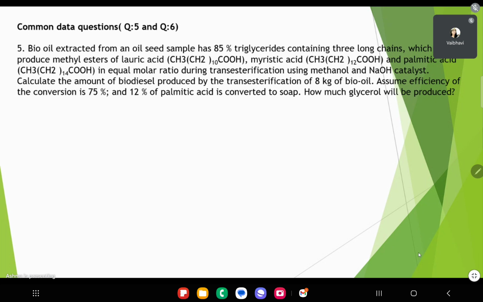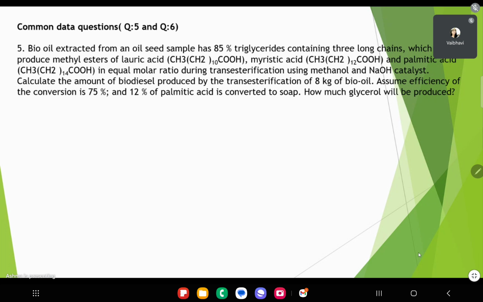Calculate the amount of biodiesel produced by transesterification of 8 kg of bio-oil. Assume efficiency of conversion is 75% and 12% of palmitic acid is converted to soap. How much glycerol will be produced? So we have to find out the amount of biodiesel produced along with how much glycerol is produced.